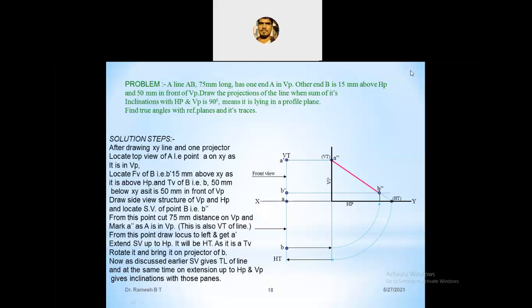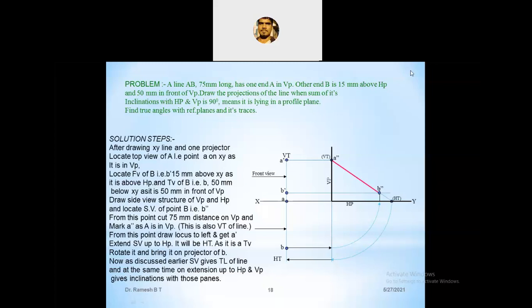Then you have to place A dash. A dash B dash is the front view, an apparent length. AB is the top view, it is also an apparent length. The top view AB is not the true length, and A dash B dash is an apparent length, also not the true length. Like this you have to find out the true length.